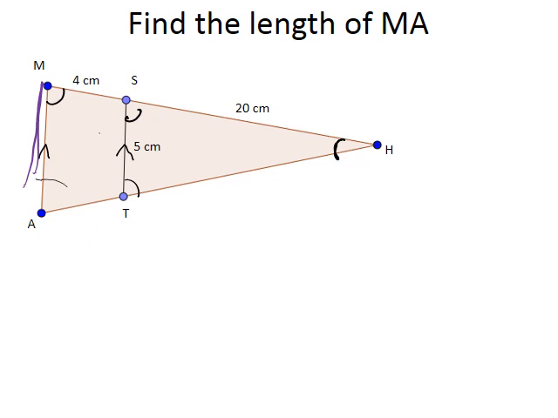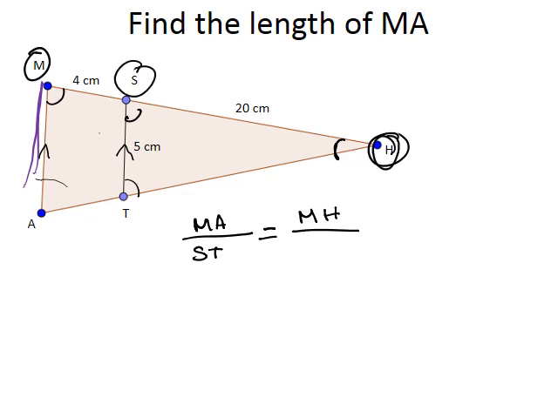We need to start with our corresponding side. So I'd write the MA, which is the side we want to find, over ST, because those are the corresponding sides, is equal to, MA is our big triangle here, so that means it would be MH over whatever our smaller triangle side is, so that would be HS or SH.